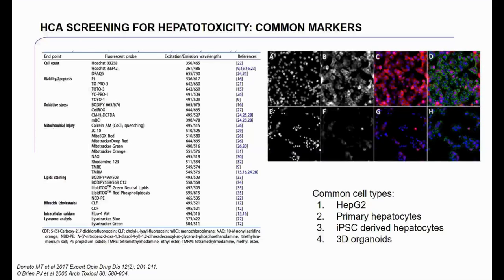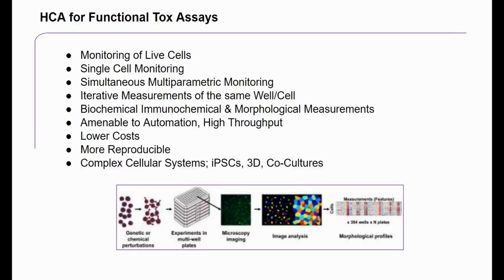For example, primary hepatocytes from humans and animals. Also, more recently, iPS-derived hepatocytes. Also, 3D systems, so sort of mini livers, essentially, in various different 3D systems. And the combination of these cell systems and the various fluorescent markers available meant that people could adopt high content analysis for these assays.